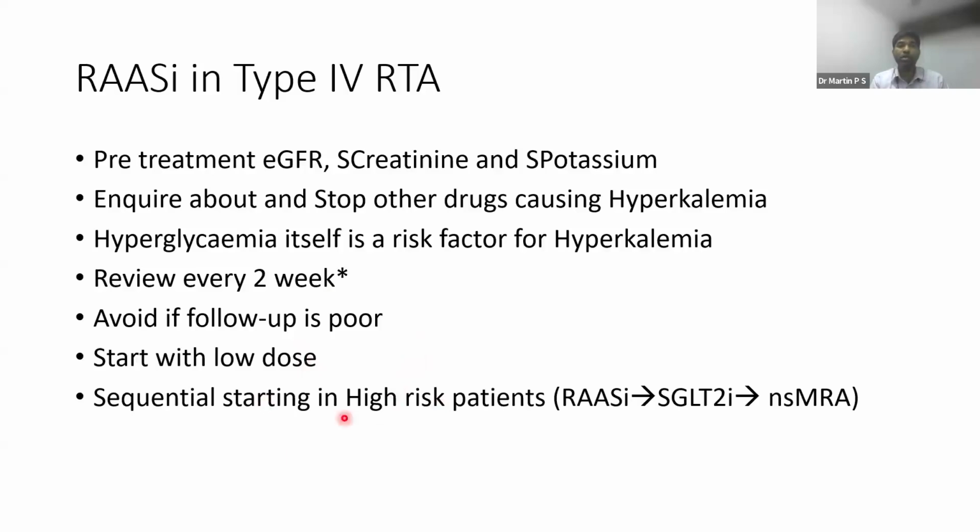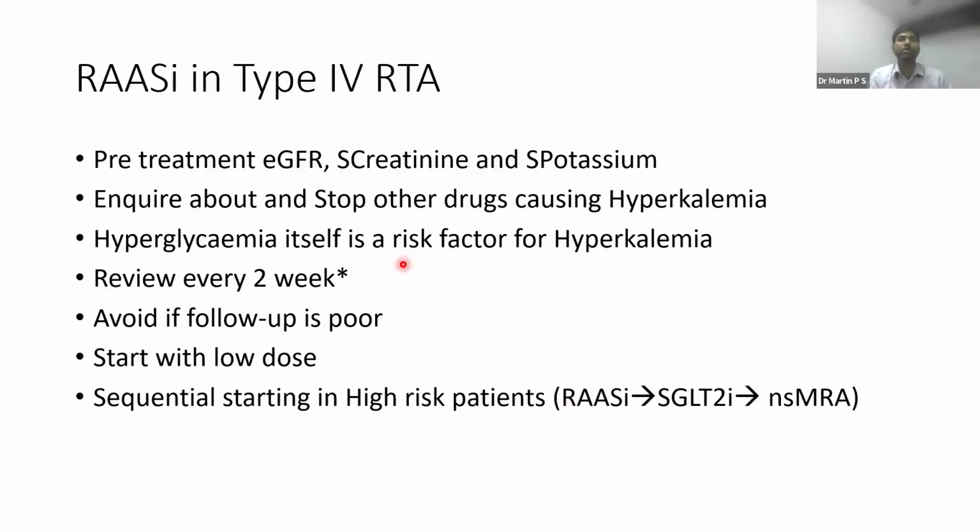And always do a sequential addition of pillars. You know, that's RAS inhibitor followed by SGLT2 inhibitor, and after the next visit, you plan adding an NSMRA. So when you do the serial addition, the chances of the patient going in for hyperkalemia comes down. We all are very excited about the CONFIDENCE trial, which had advised us to add SGLT2 inhibitor and NSMRA together.